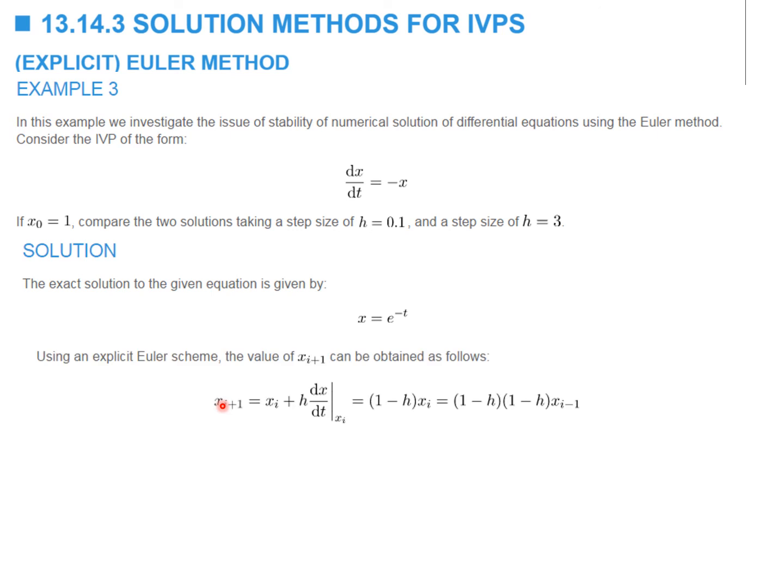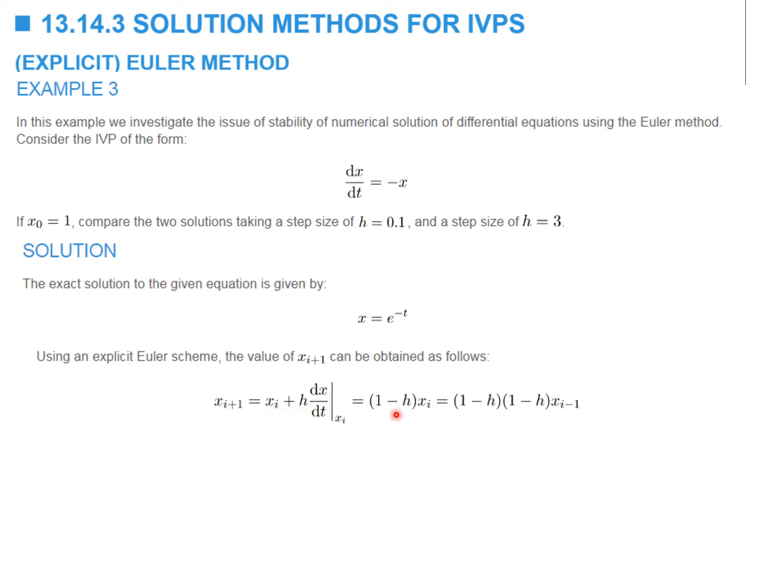If I use the explicit Euler method, x_{i+1} at time t_{i+1} is equal to x at time t_i plus h, which is delta t, multiplied by dx/dt evaluated at x_i. Now dx/dt is equal to negative x, so I can simply replace dx/dt with negative x_i. So I've got x_i minus h x_i.